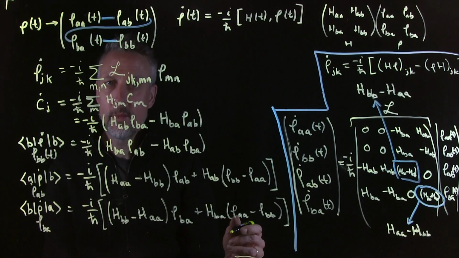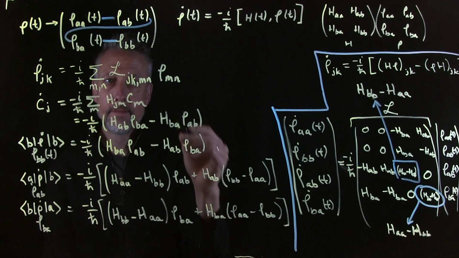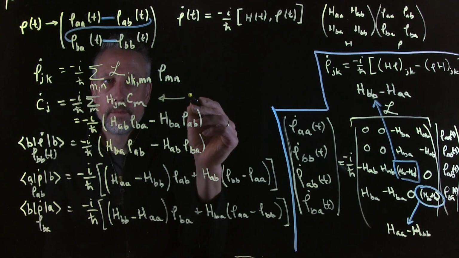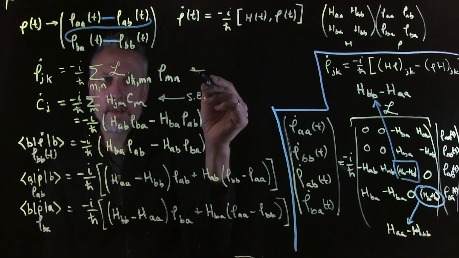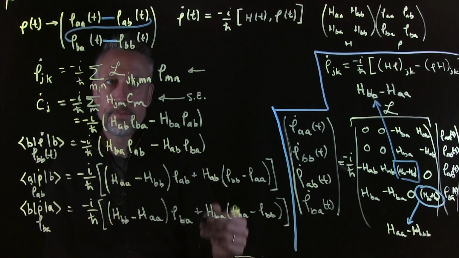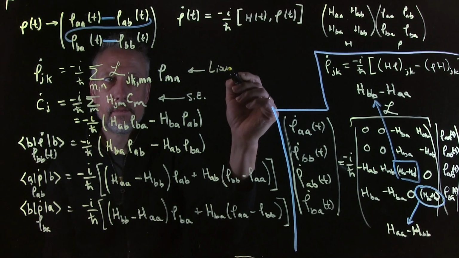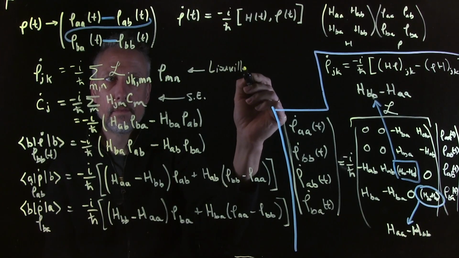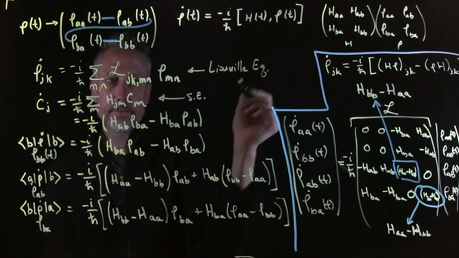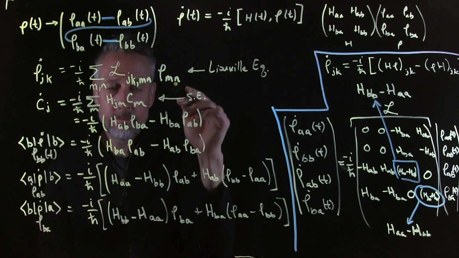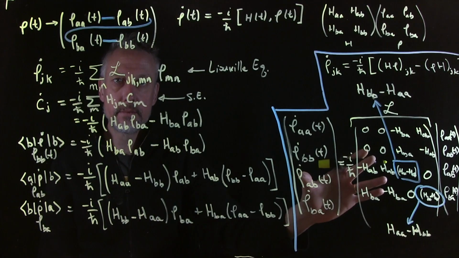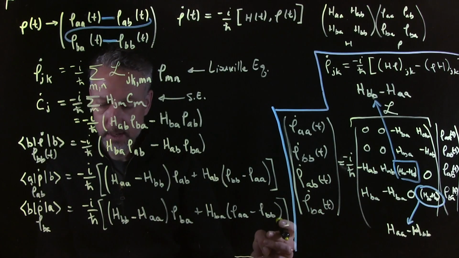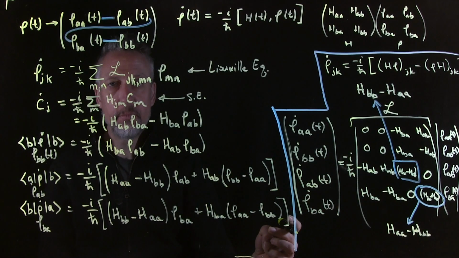This is just our normal Schrodinger equation. This is the Schrodinger equation, and this is actually the Liouville equation, just repackaged. It's really that simple. We didn't add any new physics here at all. Physics will come later. This is really just another picture.